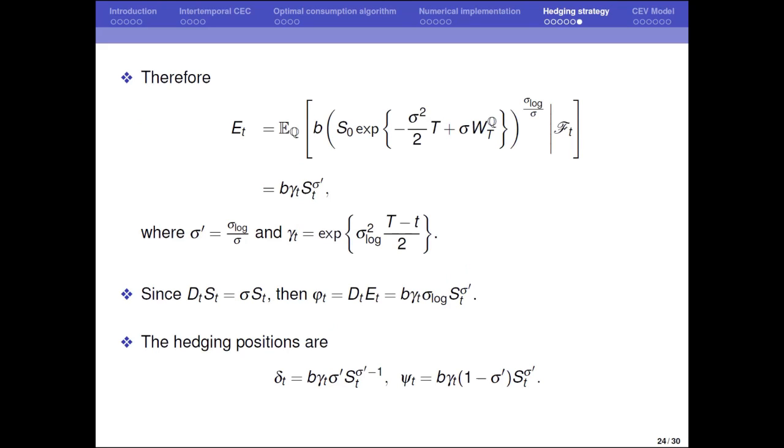Therefore, I can find a closed expression for E_T, and taking into account that the Malliavin derivative of S_T is sigma S_T, I have that phi has this expression, and the hedging positions have these closed-form expressions.